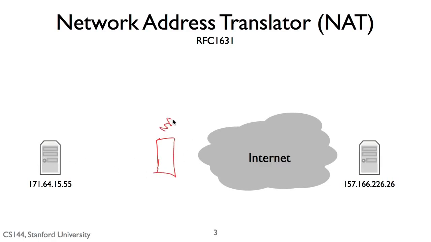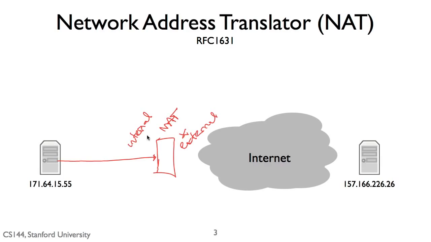So here's our NAT. And this NAT has its own IP address for the public internet. So let's just call that IP address X. What a NAT does is that when a packet comes from your computer, from its internal address, or internal interface, and is going somewhere out on the broader internet, the NAT, which has an internal and an external interface, will rewrite your packet so that it appears like it is coming from the NAT's external interface.